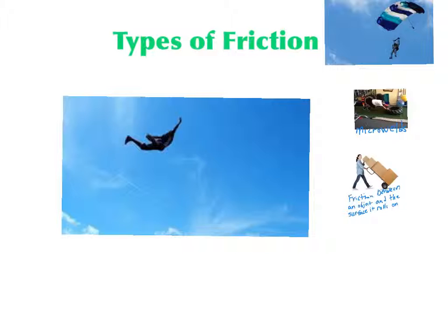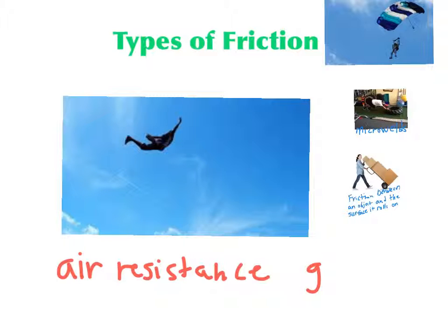That's because something called air resistance pushes up against gravity, and like friction pushes opposite of an object's motion. So gravity is acting and pulling this guy downwards. That's supposed to be gravity here. Gravity is acting downwards, but air resistance is pushing upwards on this person.